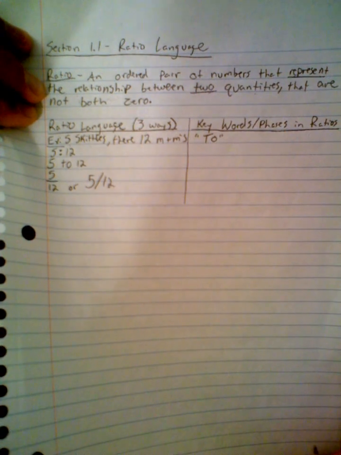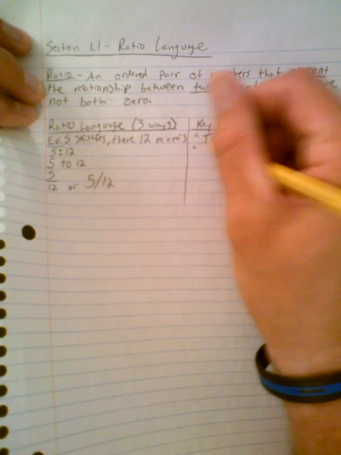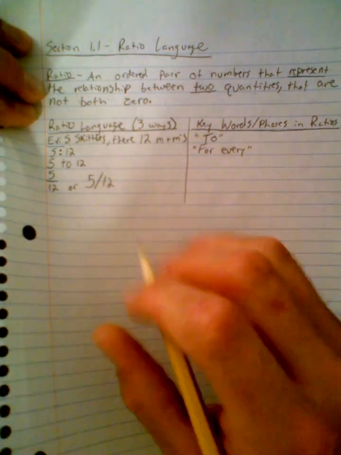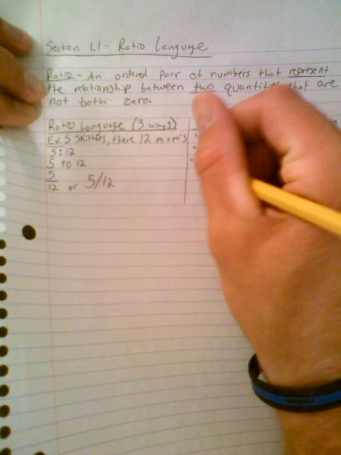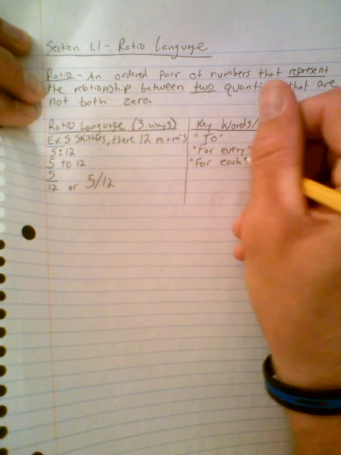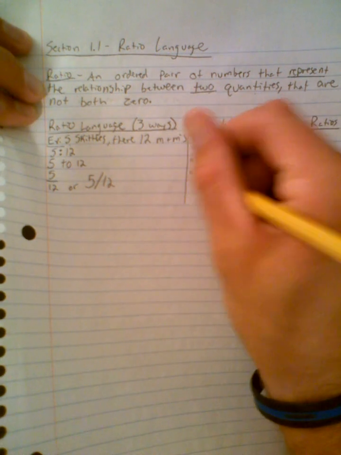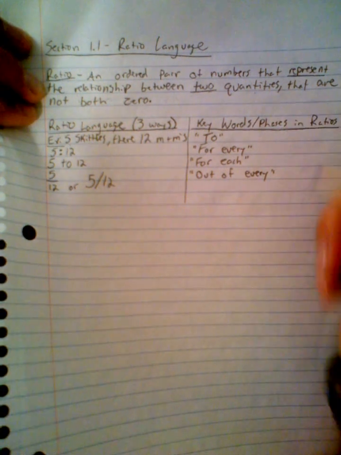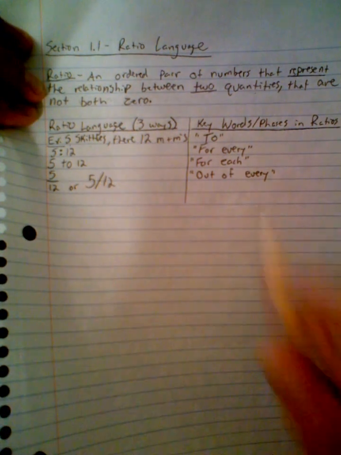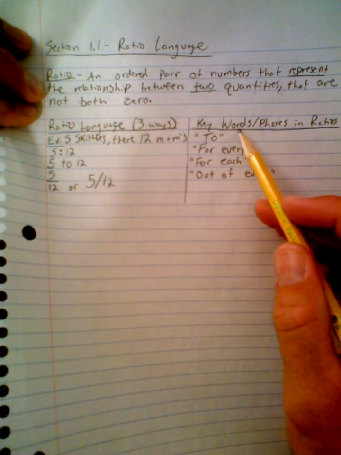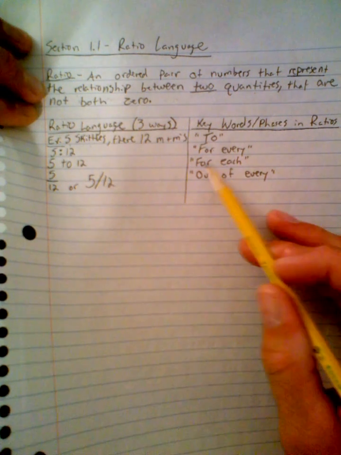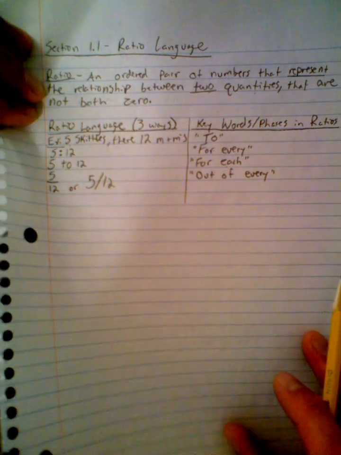When you see the word to, that is a keyword. Another keyword is for every. This is a phrase you will see often. And then there's for each. And out of every. So these are 4 very key words and phrases you'll see often: to, for every, for each, and out of every.